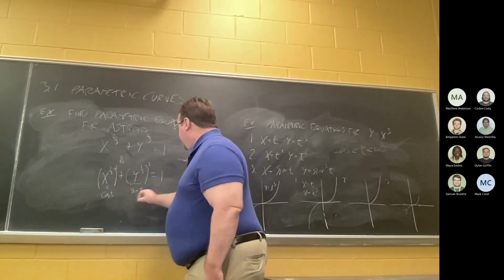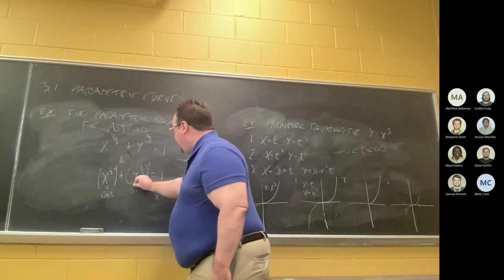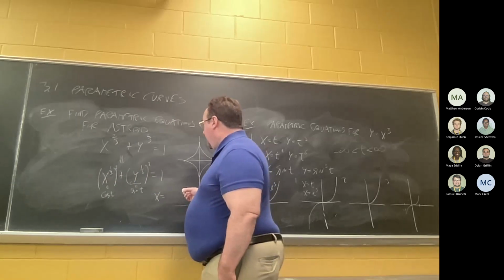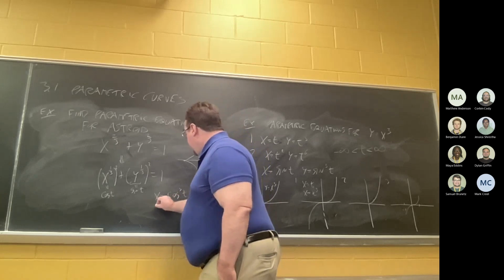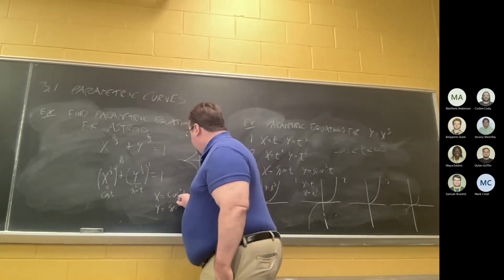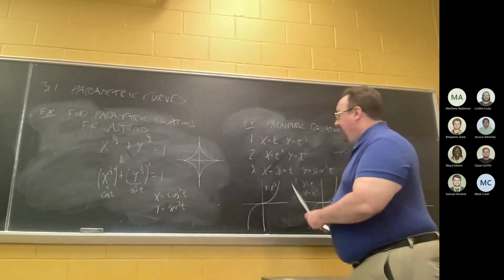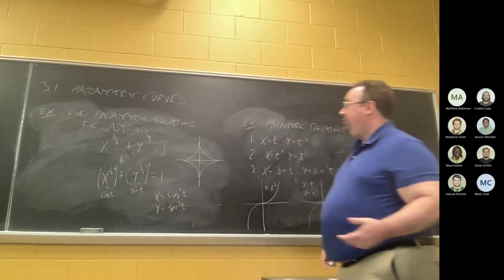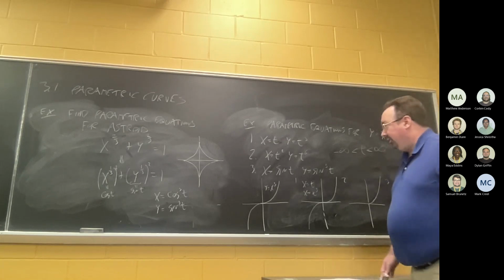So if I solve each of these equations for x and y, I have x is equal to cosine cubed t, and y is sine cubed t. Because then if I raise x and y to the 2/3 power, I'll have cosine squared and sine squared, that sum to 1.